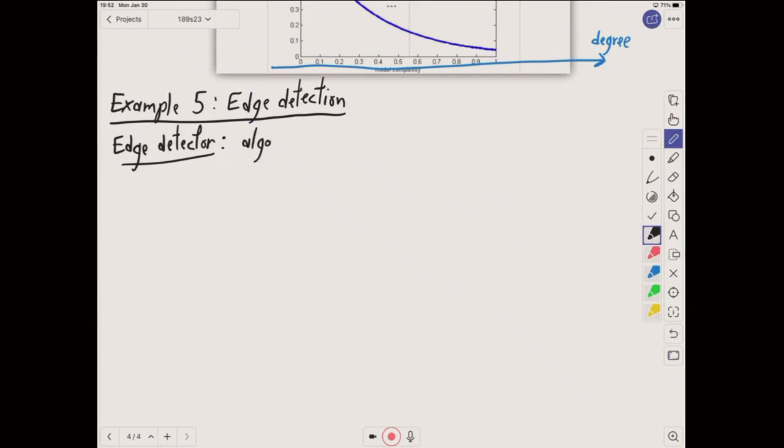If your input is an image, like say the MNIST data that you used in homework 1, then an edge detector will look at that and try to figure out the orientation of various edges or transitions from black to white in your image. So it's essentially looking at gradients in the grayscale or in the color.